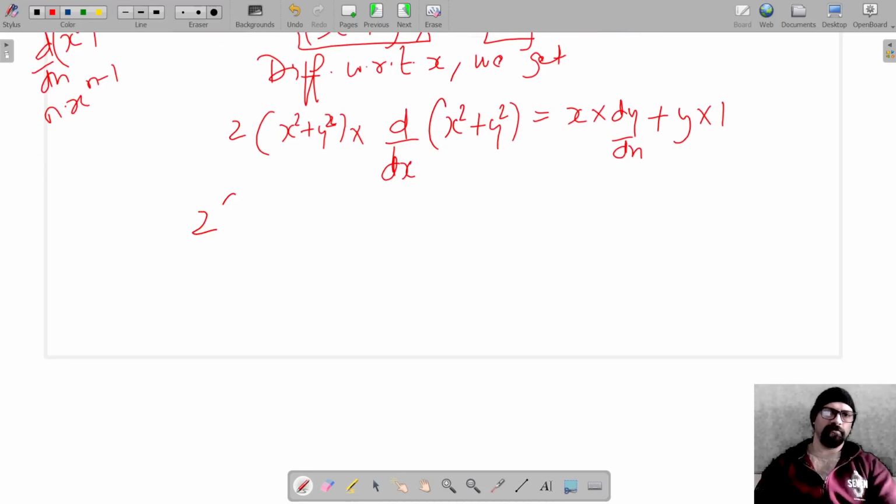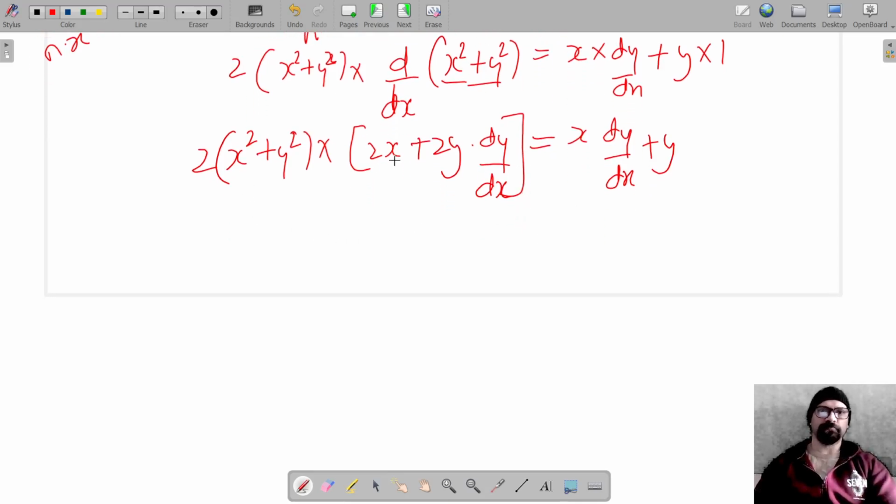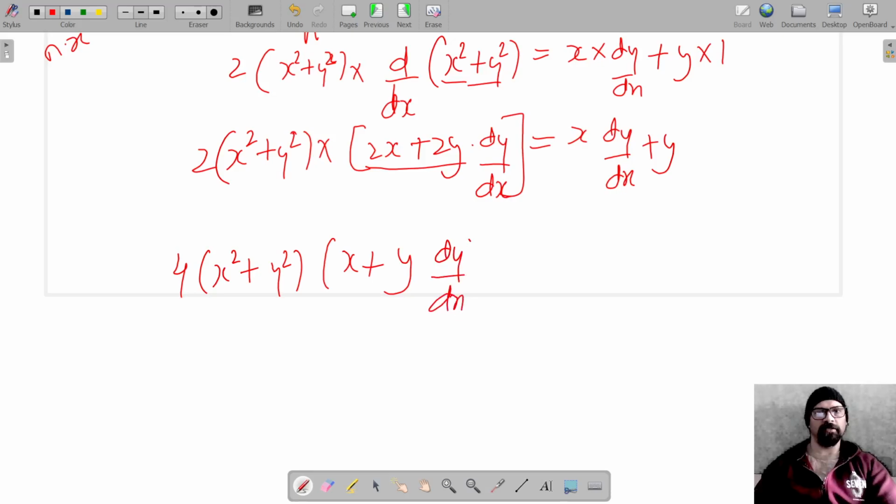So 2 into (x squared plus y squared) into, now the differentiation of x squared is 2x, and the differentiation of y squared is 2y dy by dx, that is equal to x dy by dx plus y. If I take 2 common here, this is now 4(x squared plus y squared) into (x plus y dy by dx).